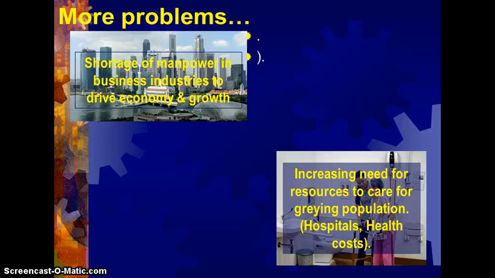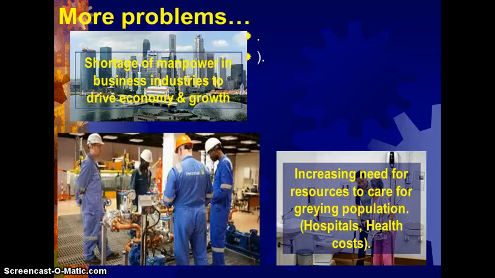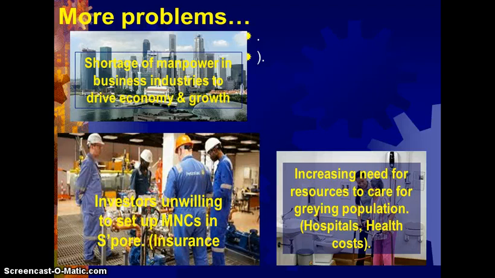Two, as the population grows older, we need resources to care for the growing population. Older people will need hospitals, and healthcare costs will also rise. Number three, investors will be unwilling to set up MNCs.